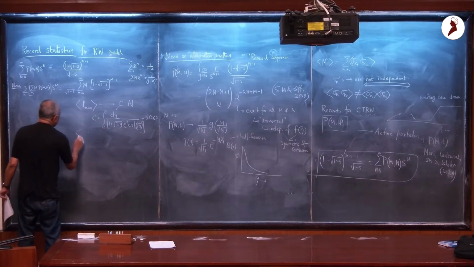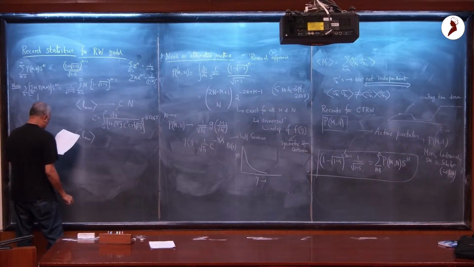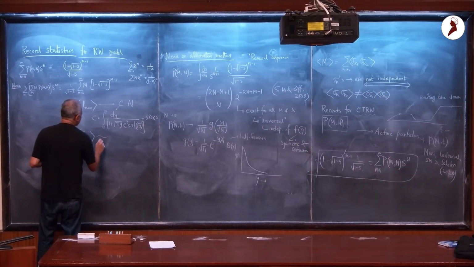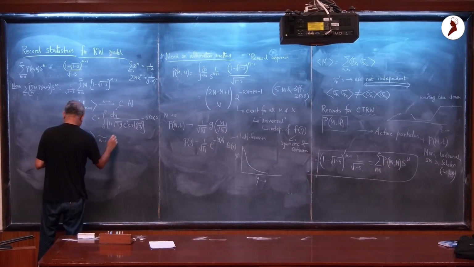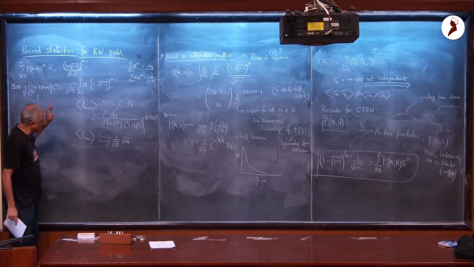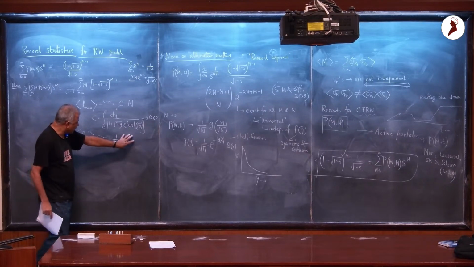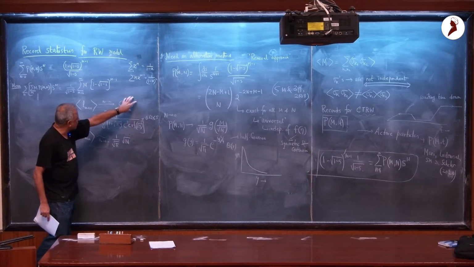And the L min, the age of the shortest record, for large n scales as 1 over square root of pi times square root of n. So you remember that in the IID case, the L min was scaling like log n, and L max was scaling like n.